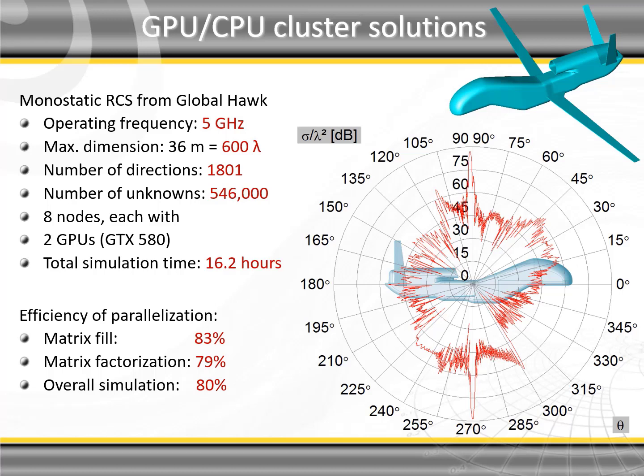The number of unknowns used in the simulation is around 550,000. The simulation is performed on a cluster having 8 nodes, each with 2 GPU cards. Total simulation time is 16.2 hours. Efficiency of parallelization is around 80%.